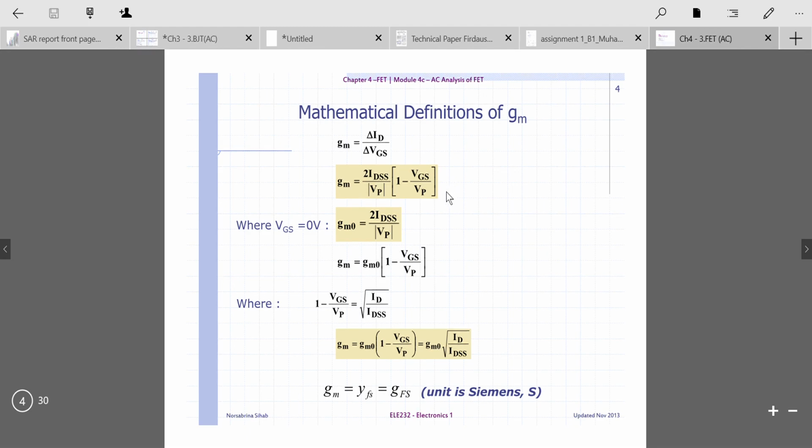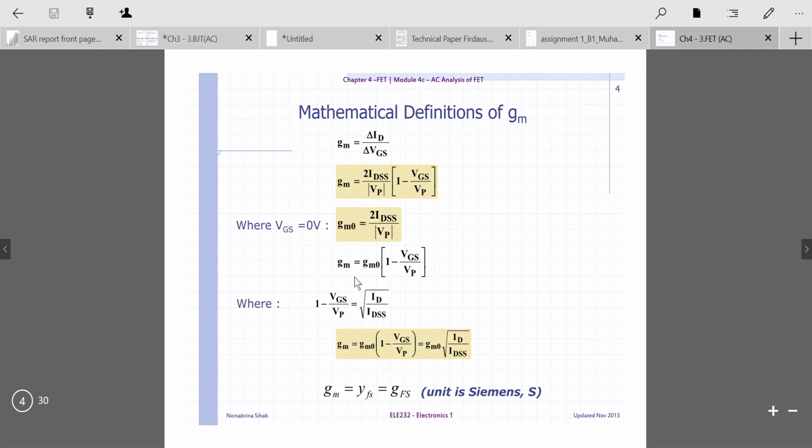So when VGS equals 0, you can denote gm as gmo, so it is equal to 2 IDSS over the absolute of VP. That is when you substitute VGS equals 0, you will get this equation only.